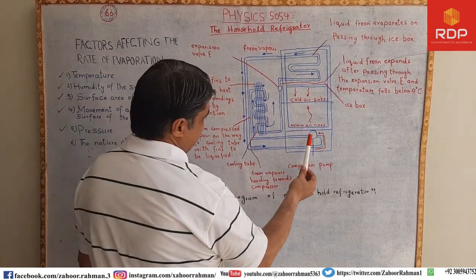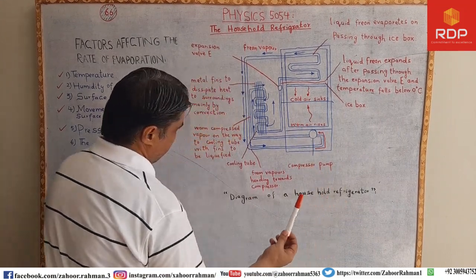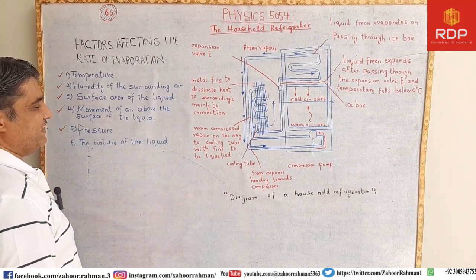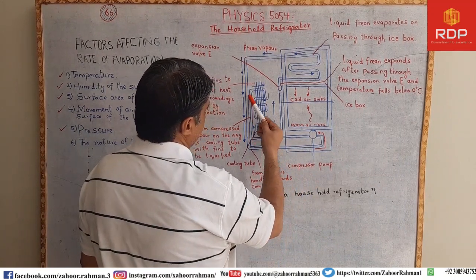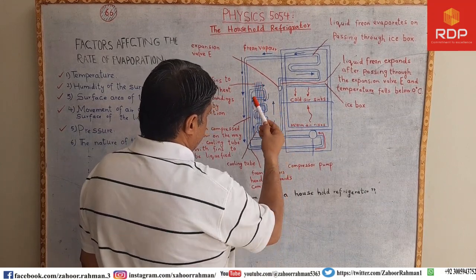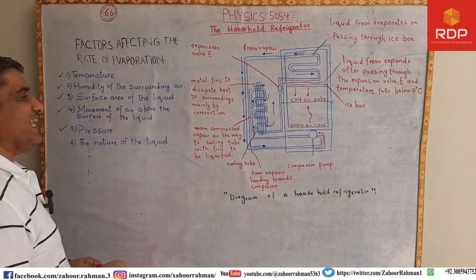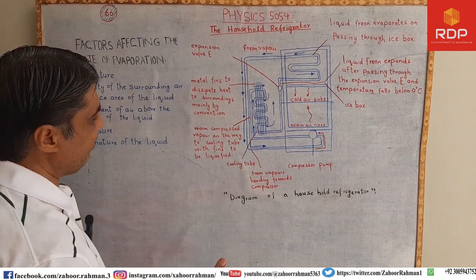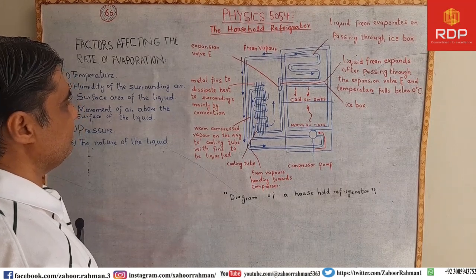The compressor is compressing the vapor form of freon gas, which condenses to liquid, and that liquid is pushed to the cooling tubes, and there are cooling fins that remove the hotness of that liquid freon.